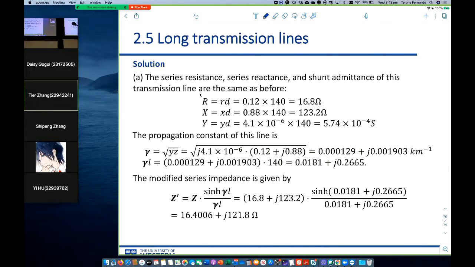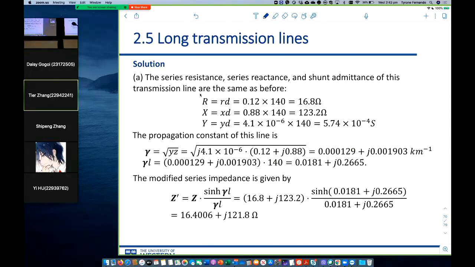Again, we do the same thing for Y, the admittance. The per kilometer value multiplied by the entire distance gives the relevant value for uppercase Y.